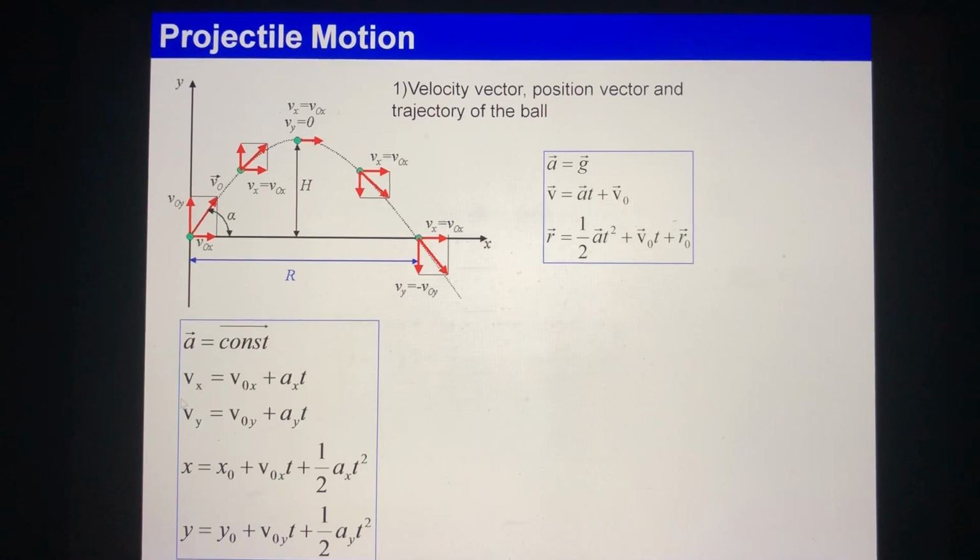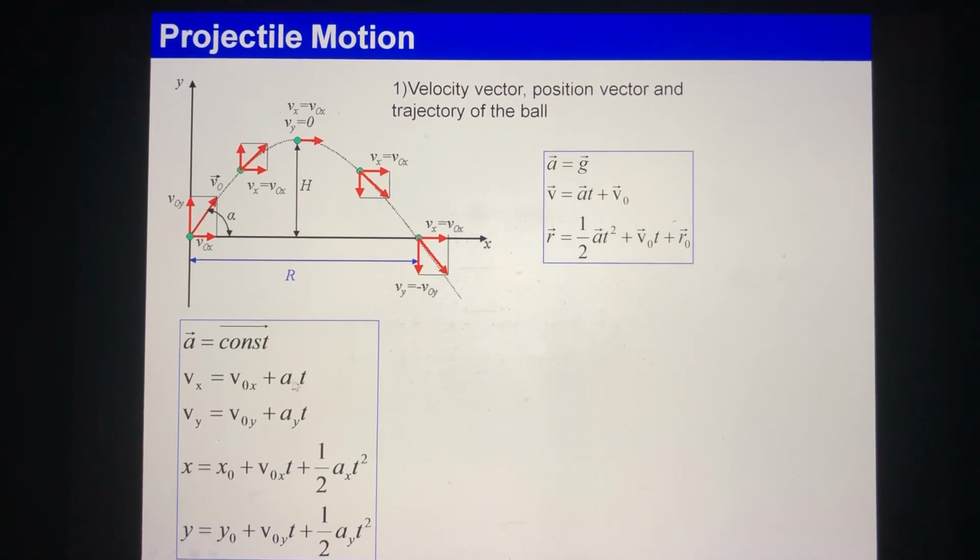For the vx component, here we write v0x and here ax. For the y component, here we write v0y and ay. Do the same for the position vector. So we have an x component like this and y component like this.